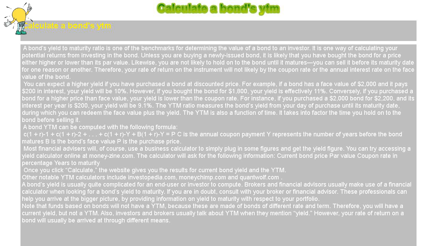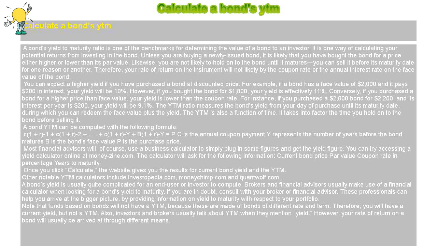Most financial advisors will, of course, use a business calculator to simply plug in some figures and get the yield figure. You can try accessing a yield calculator online at money-zine.com.